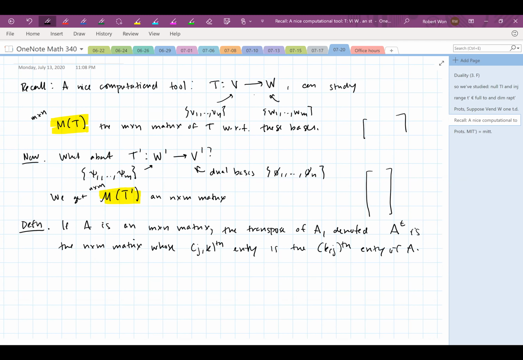If you want the dual map, you just have to take the transpose of that matrix. It's a very easy operation, and therefore you can totally understand the dual map. So this is a very nice result, because the dual map seems kind of mysterious. Even the dual basis seems a bit mysterious, but it's all set up in such a way that the matrix of the dual map is just the transpose of the original matrix, which is really nice.